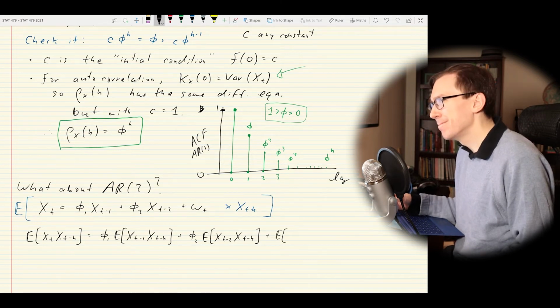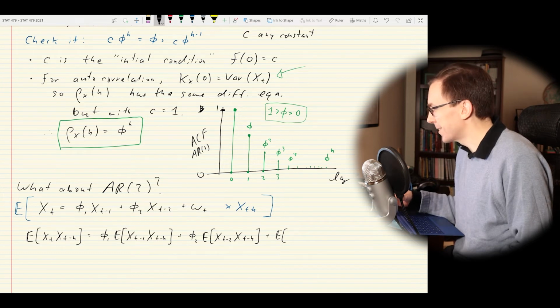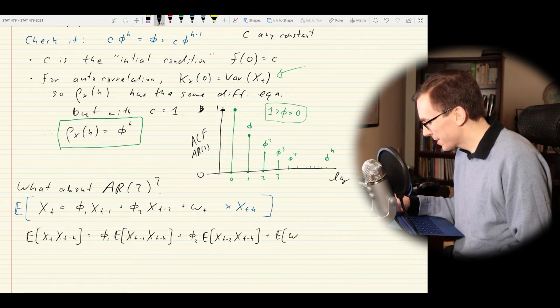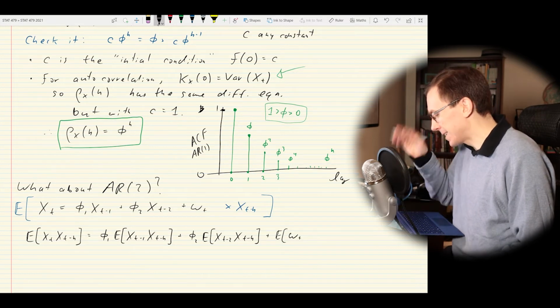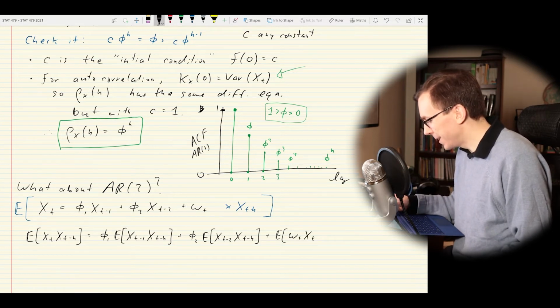If h is positive, which it should be, then of course this will always be 0.